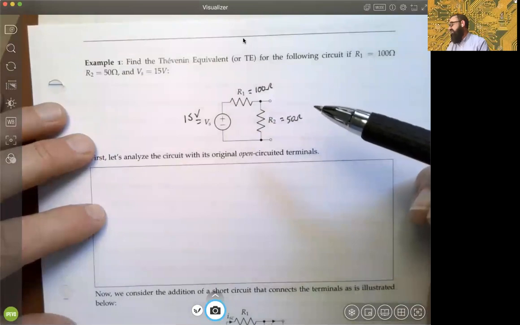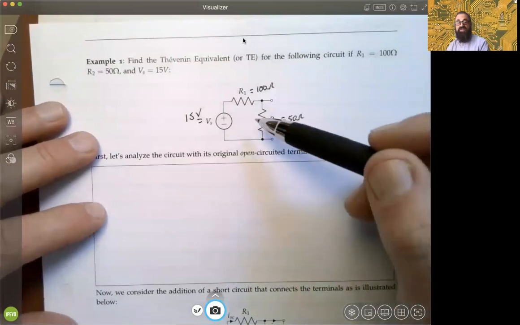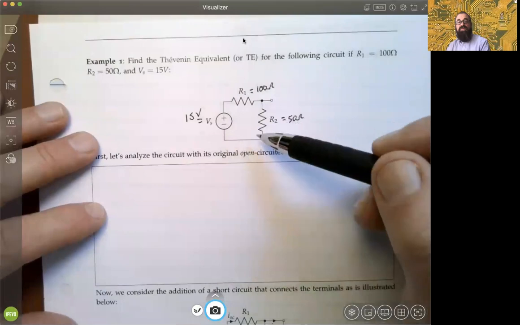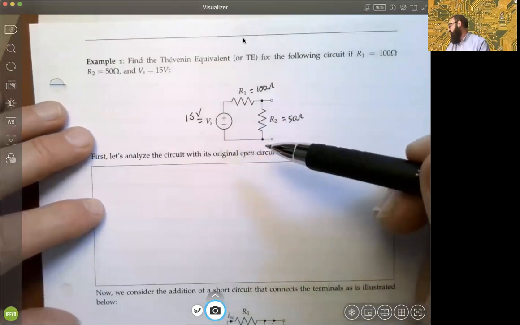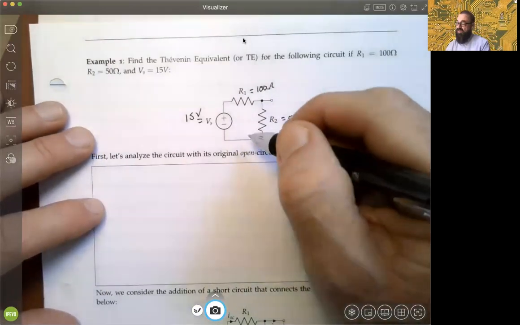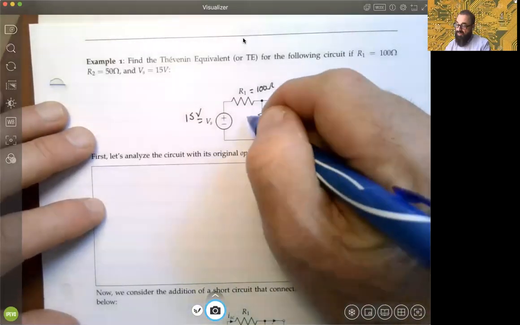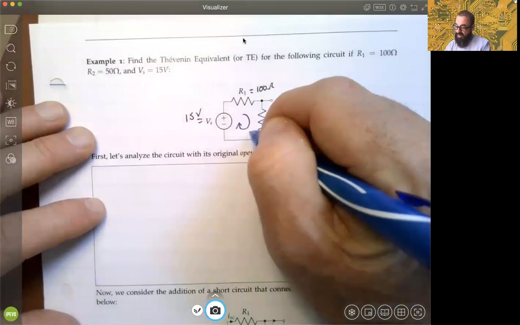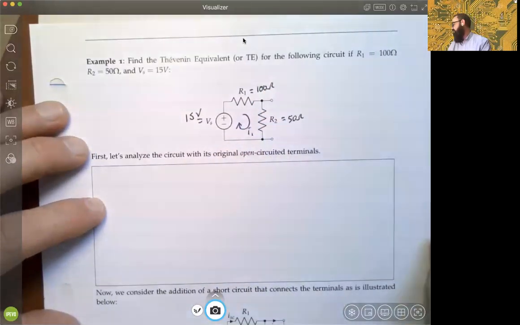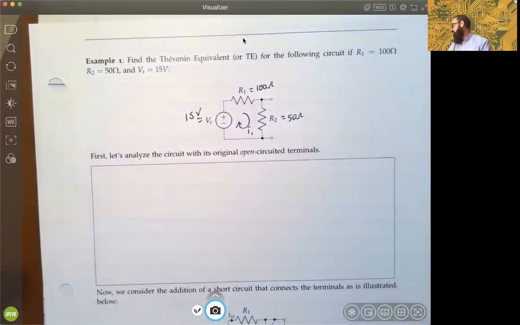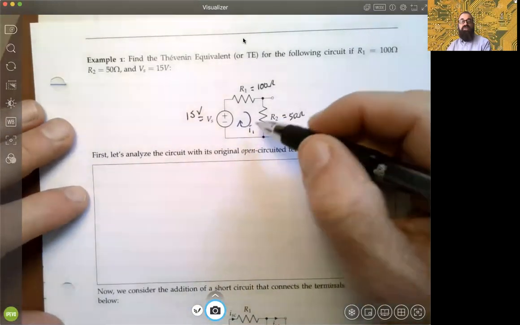We're looking at the representation of, for example, current. You could easily write a mesh current, couldn't you? And if we did it clockwise, we could represent it this way, right? We'll call that I sub 1, okay? So in this case, what we have is a mesh current flowing around there.